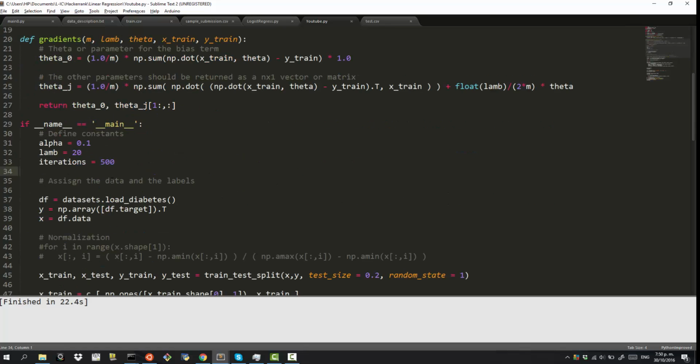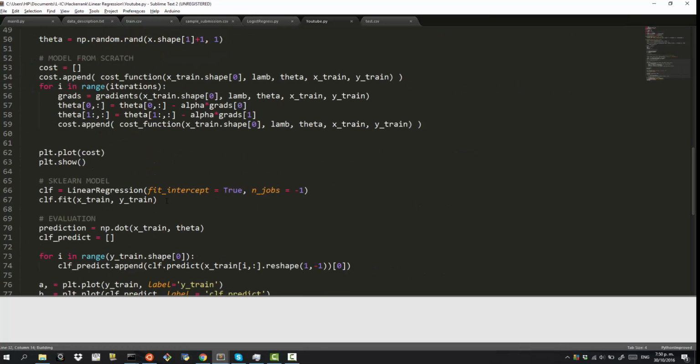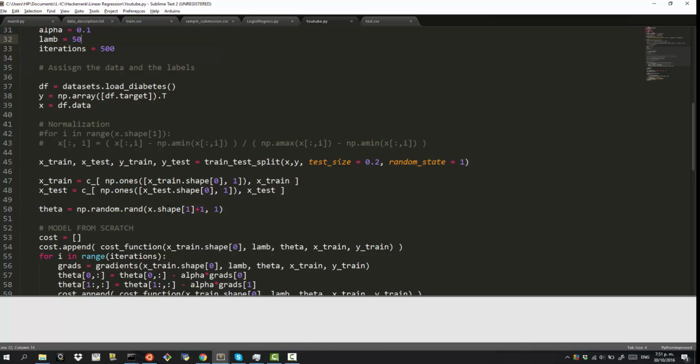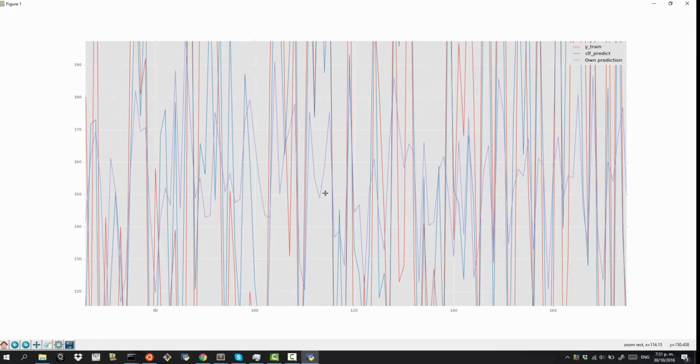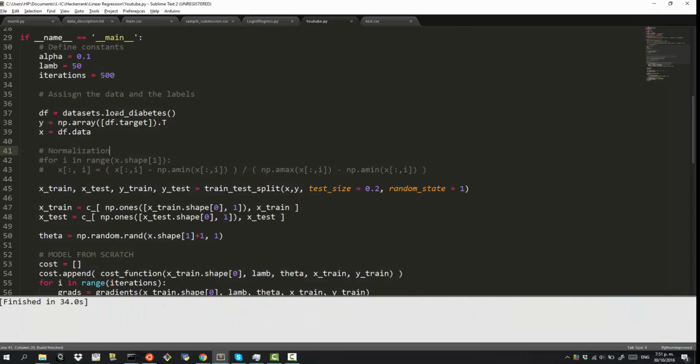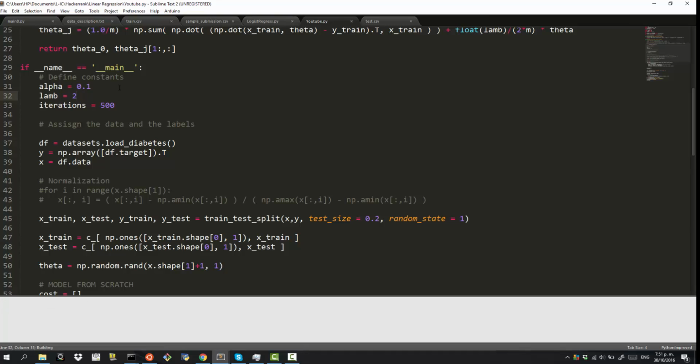So this lambda term you can tune by yourself, but there are also some automatic methods in which you can use another set of data named the cross validation, and you take that from your training set. But the problem is that you're going to lose a lot of data just to tune some of the variables, so it's not worth it. And in my opinion, I think it's better to tune this by yourself.